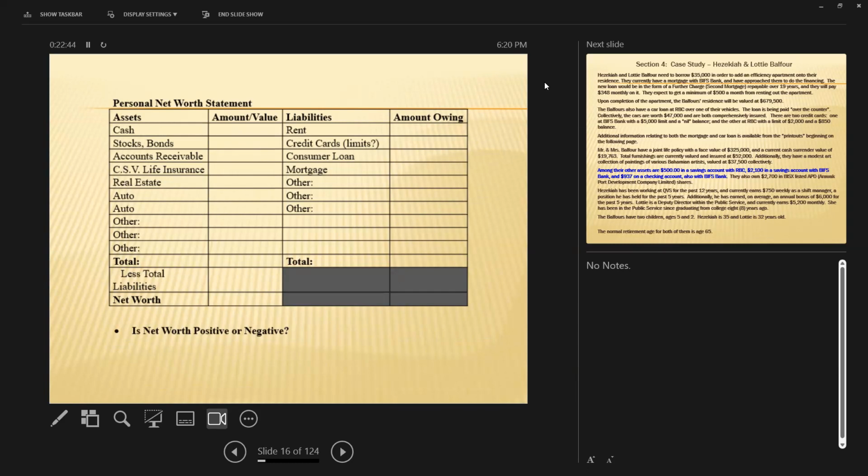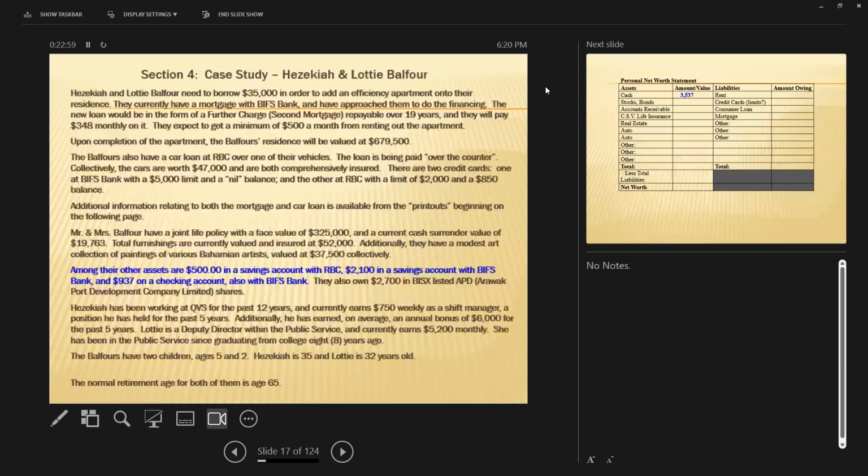So the first item there is cash. Is there any cash? Yes, there's cash. Okay. So in the information given, for the benefit of those on Zoom and also in the class, I have it on the board highlighted in blue ink.